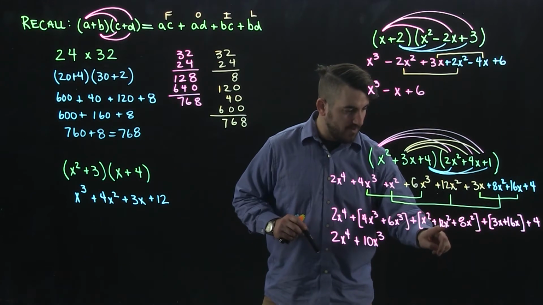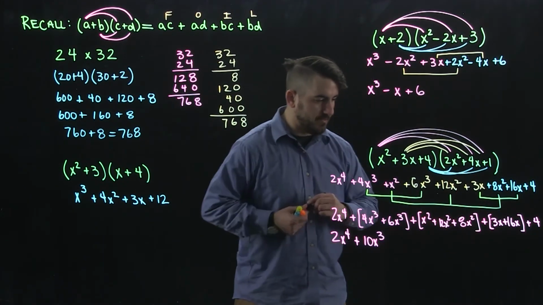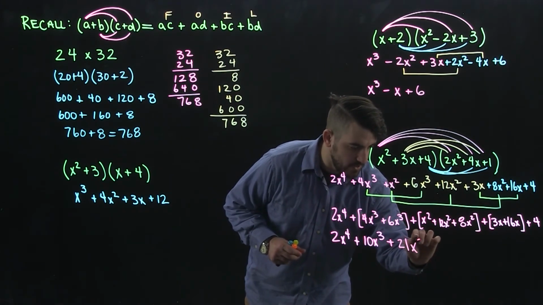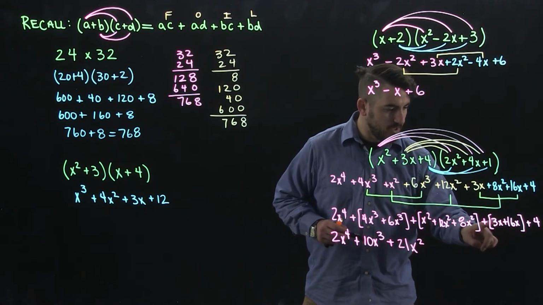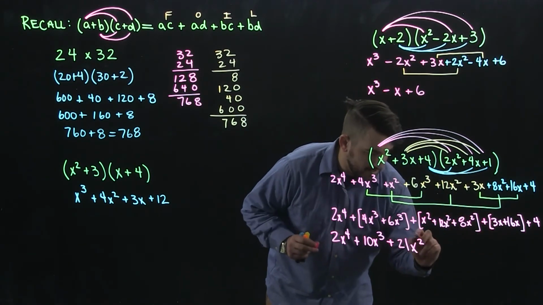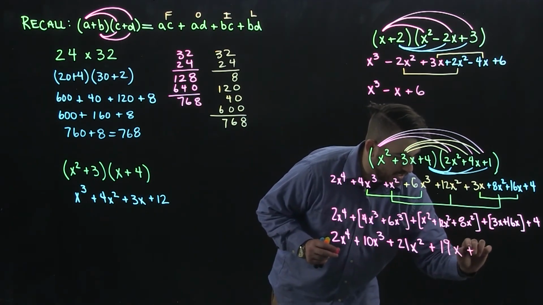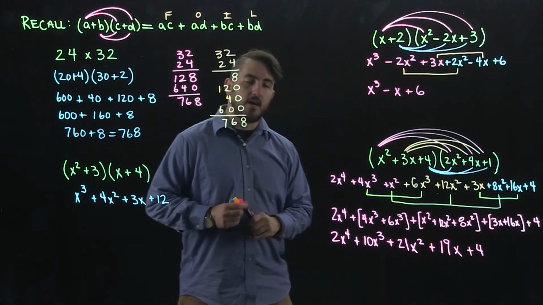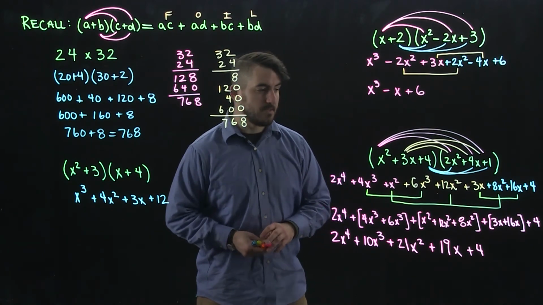So this is 12 plus 8, which makes it 20, plus a 1 is going to be 21. So plus 21x squared. And then we have the 16 plus 3, which doesn't quite make us 20. So that's going to be 19x plus 4. And so that is the product of these two polynomials, or trinomials to be specific.